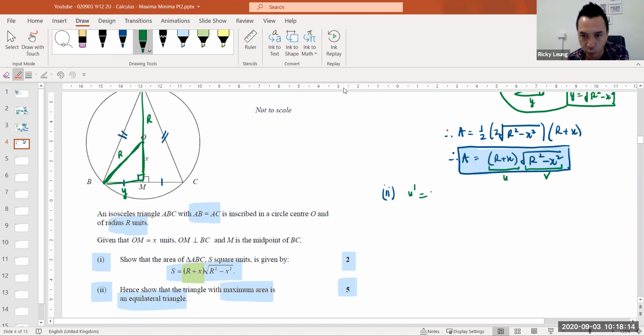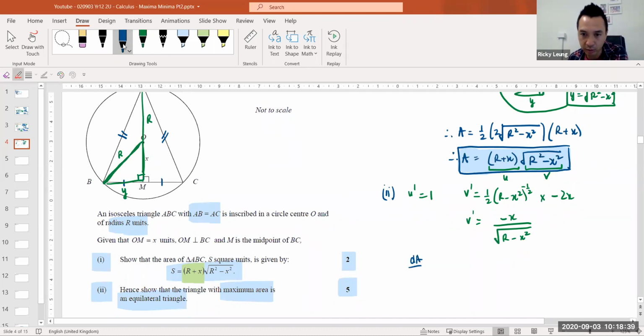So that's just 1. v dash, bring down the half, minus 1 to the power, so that's negative half, multiplied by the derivative of the inside. The 2's cancel out, so that becomes minus x on top. Bring this index downstairs to make it positive, and you get this as v dash.